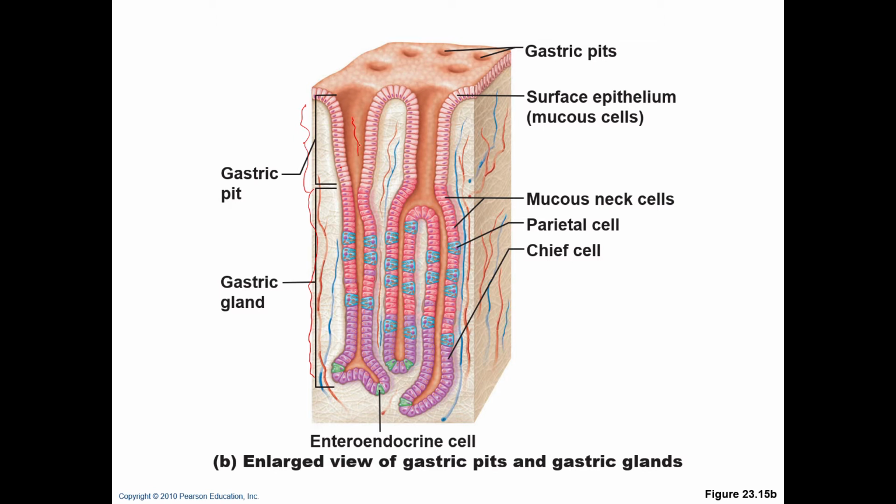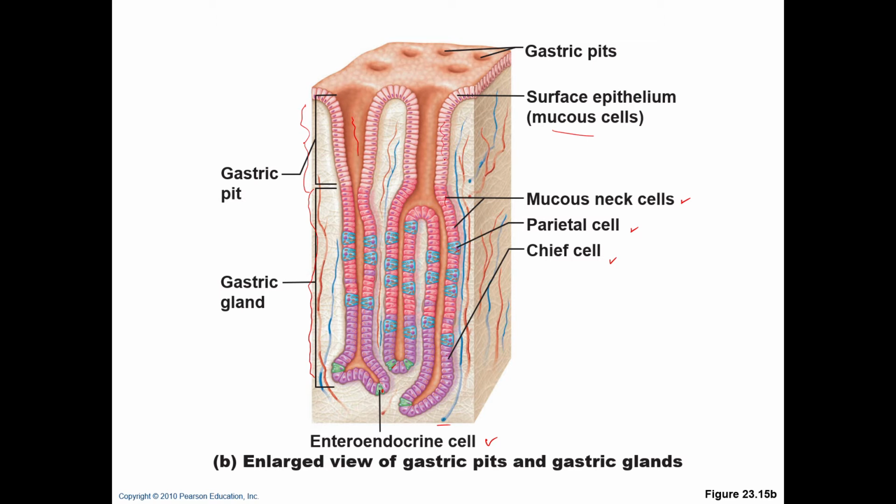Okay, so these are the mucus cells, and these cells are called the mucous neck cells, then parietal cells, chief cells, and enteroendocrine cells are these cells. Enteroendocrine cells, chief cells, parietal cells, mucous neck cells, and mucus cells.